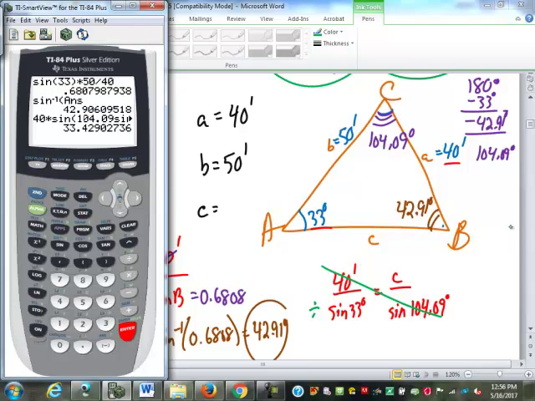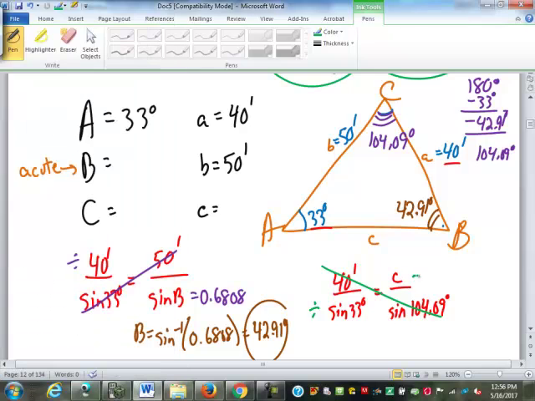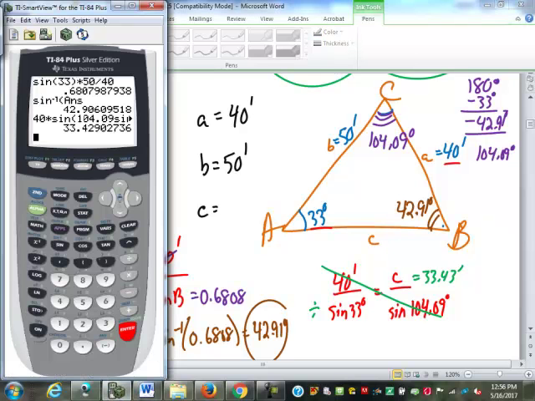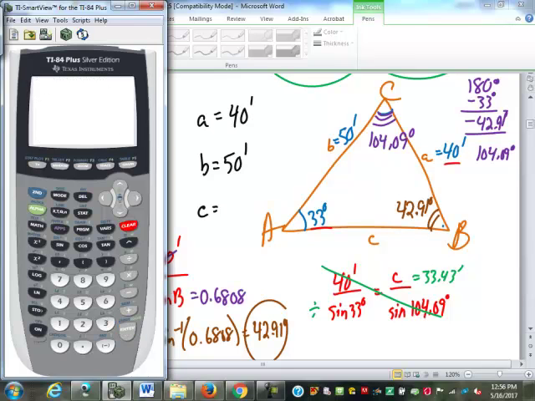Let's come up with 33.43. That does not seem right, does it? We'll try that again. Something had to go wrong in here. How did I know that wasn't right? Well, this is the biggest angle.